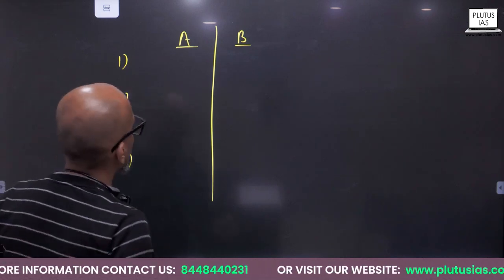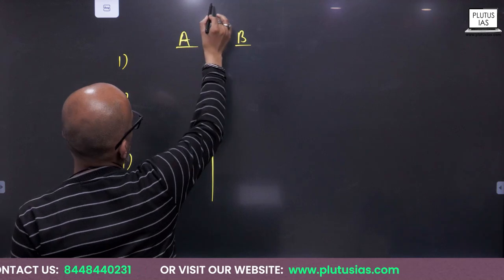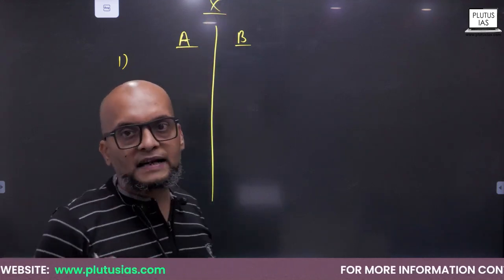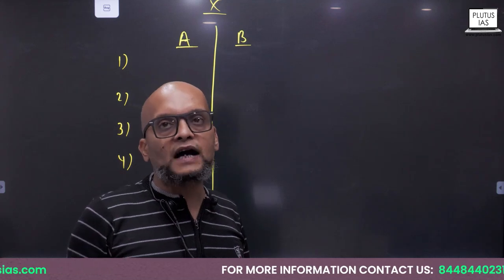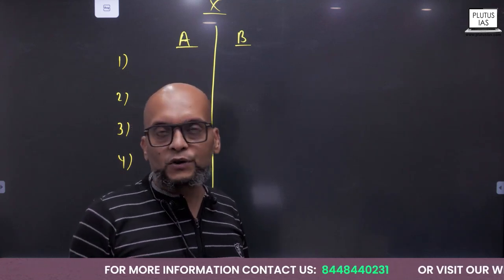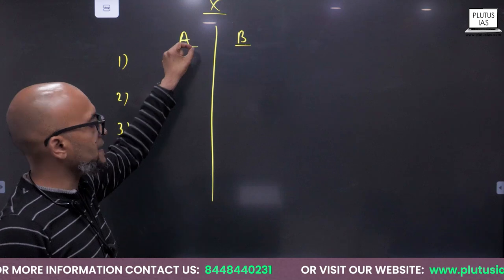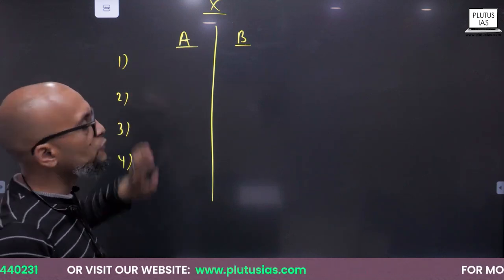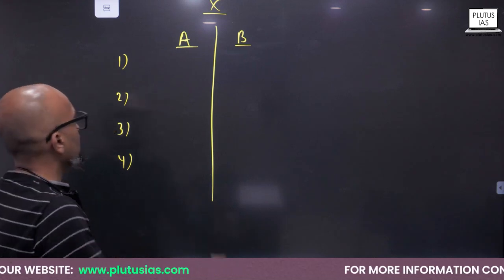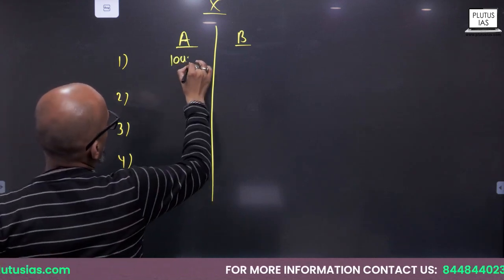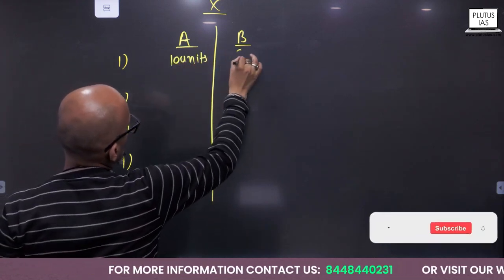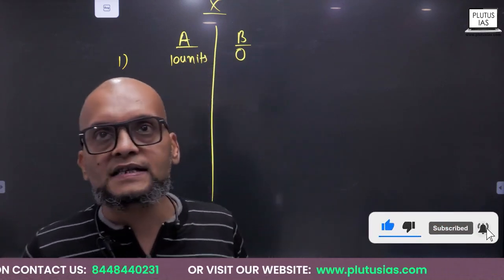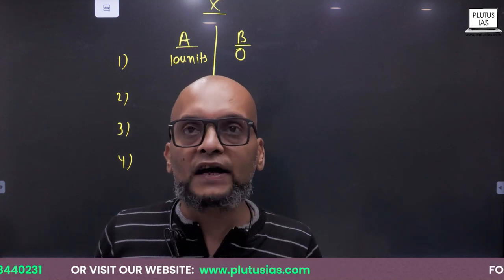Now let us say in an economy, the name of the economy is X, there are only two goods being manufactured, good A and good B. Now if in this economy X all the resources are used in the manufacturing of good A, then let's say 10 units of good A are produced and 0 units of good B are produced, when all the resources are employed in the manufacturing of good A.